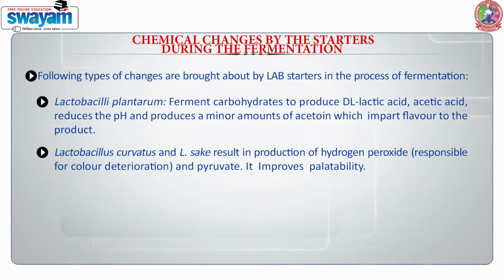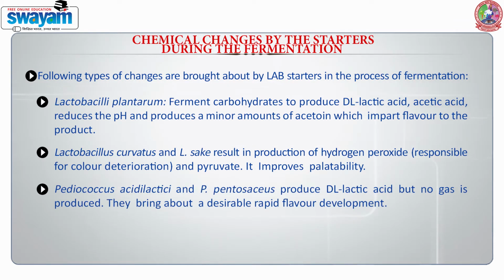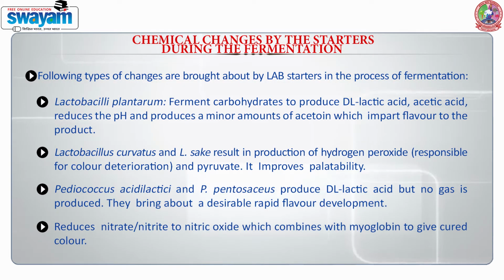The other organisms, Pediococcus acidilactici and Pediococcus pentosaceus, produce lactic acid, but there is no gas production. They also bring about a desirable flavor development. They also help in a reduction of nitrite to nitric oxide, which combines with the myoglobin component of the meat to give the color to the cured product.